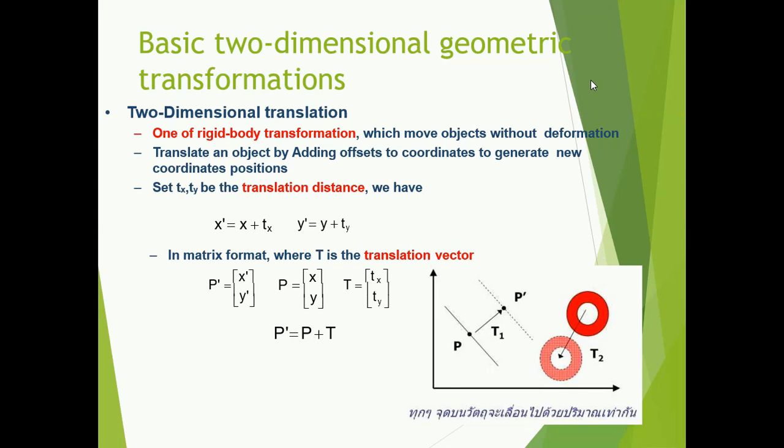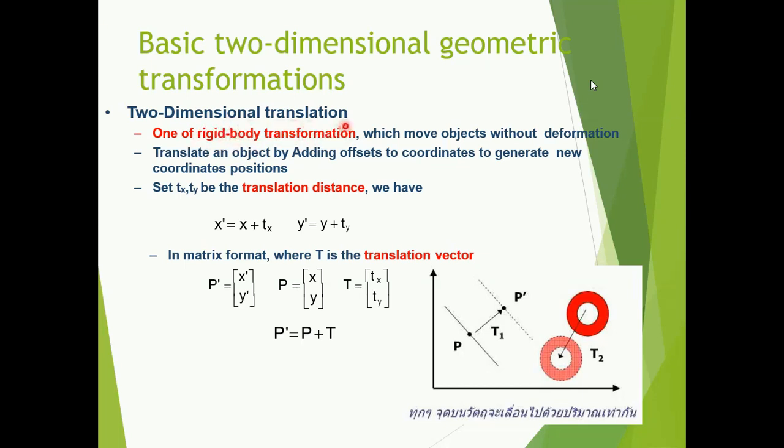First let us understand how two-dimensional translation works. Two-dimensional translation is one of the rigid body transformations. So what is a rigid body transformation?